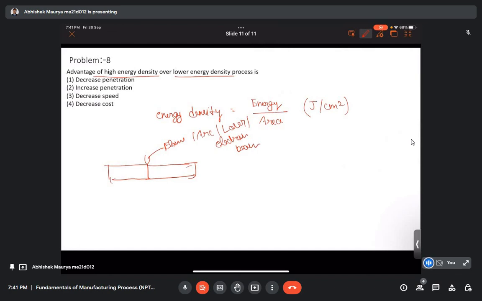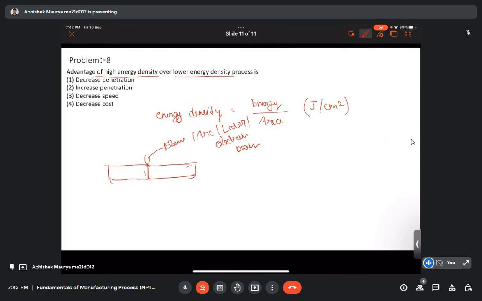If we have a lower energy density, then what will happen? We are trying to melt the material near the joint region, and we are joining them by fusing them. So our aim is to melt the material.